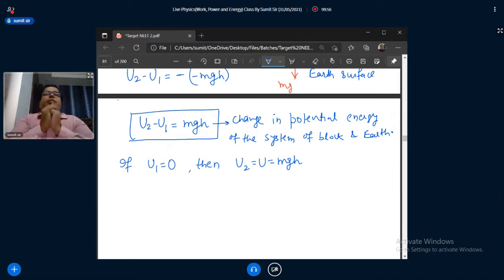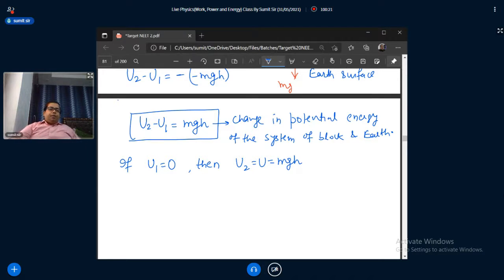Here we have the force mg, and mg is acting because of the Earth's gravitational field, the Earth pulling this block. So this force mg is between Earth and this block. That means the system has this block and Earth. So U2 minus U1 represents the change in potential energy of the system of block and Earth.